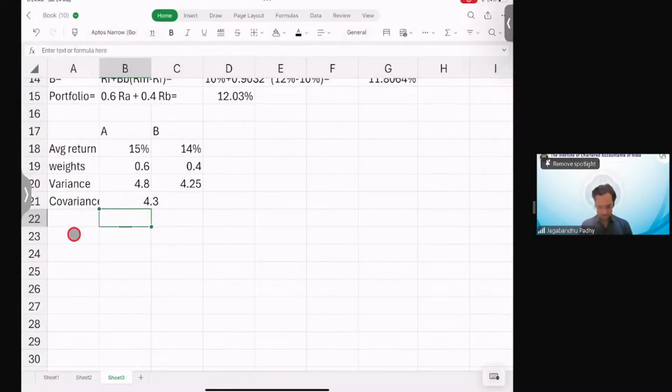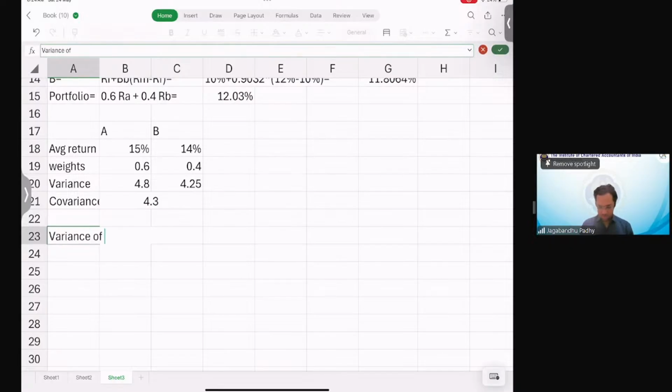can you give me the variance of portfolio by using the same Markowitz formula, weight of x square into variance of x plus weight of y square into variance of y? Use the same method to get the variance of the portfolio.